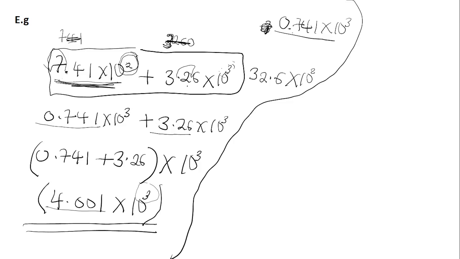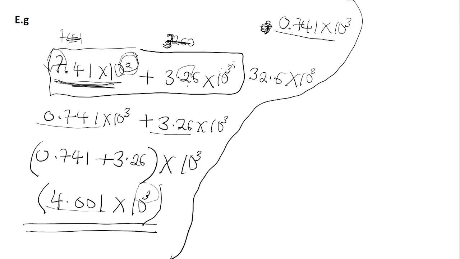Of course we just take the A part alone. The moment you see the powers are the same, you forget about the power for some time. So 7.41 plus 32.6, times 10 to the power 2.